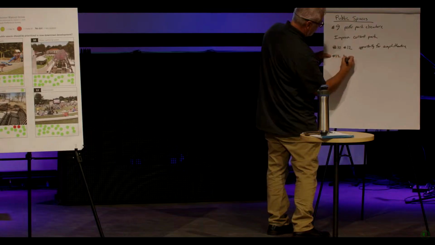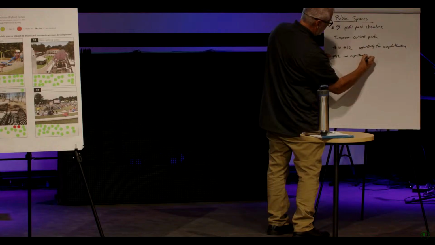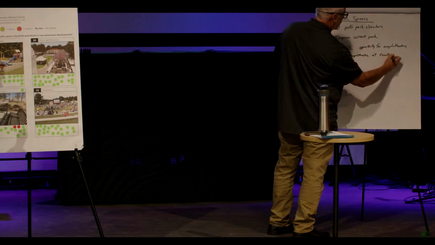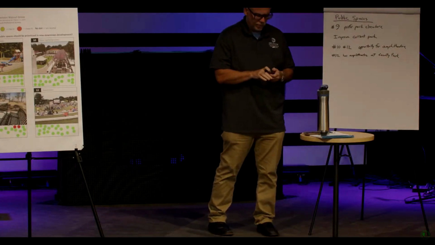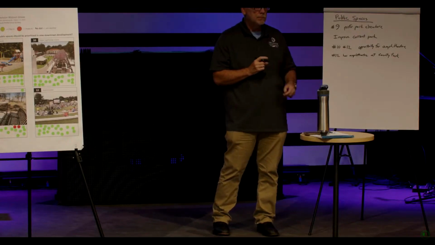There's one red dot. I don't want to call anybody out. I'm not supposed to do that as a facilitator, but I can't help it. Yes. Okay. It might not be the appropriate place. This is for number 9. That's the only red dot, is that downtown might not be the appropriate spot.